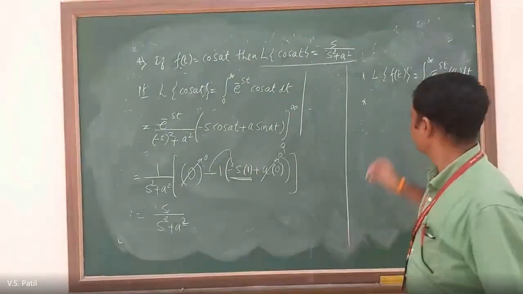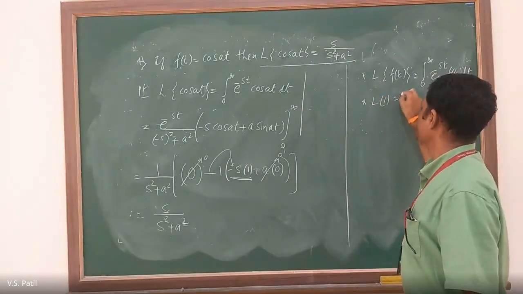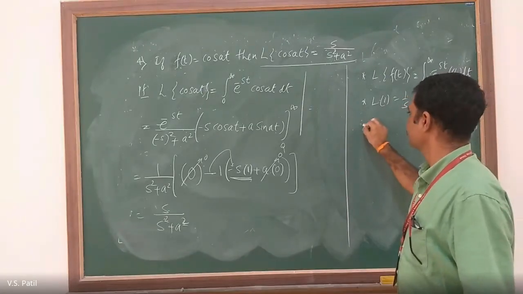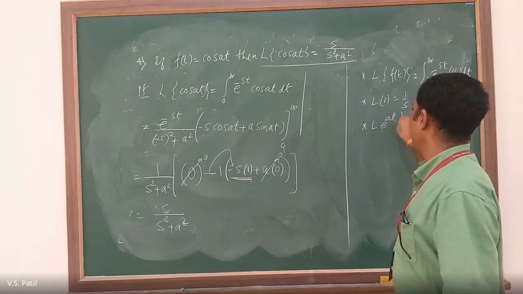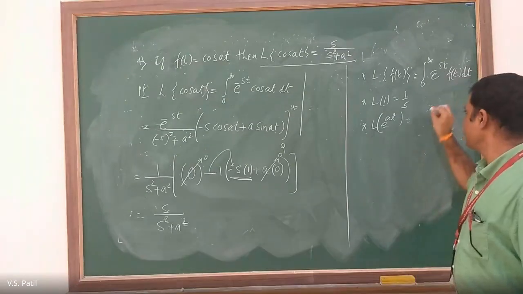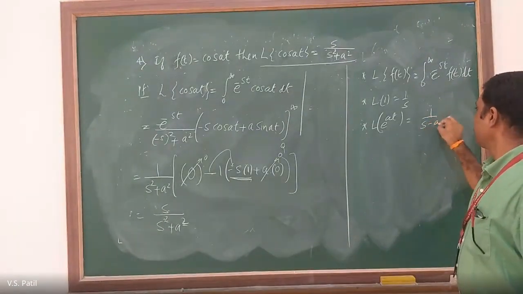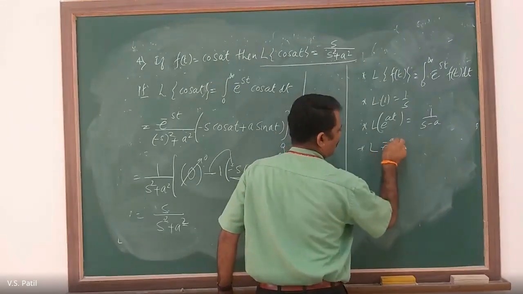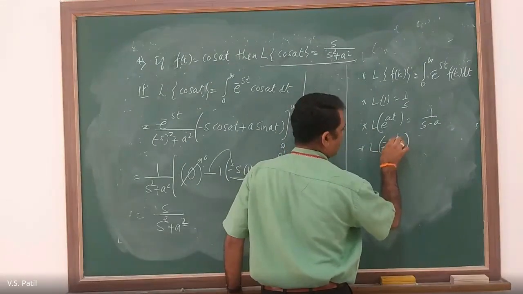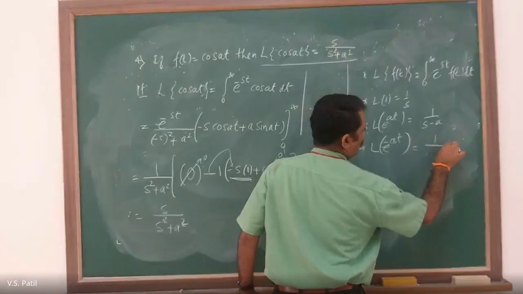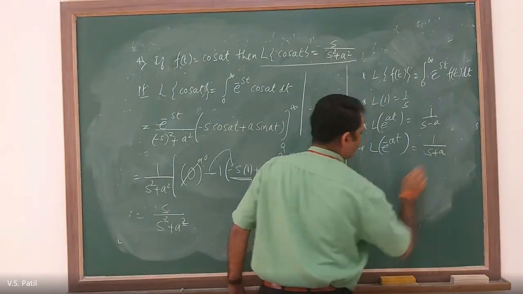Properties: Laplace transform of 1 is 1 by s. Second one, Laplace transform of t to the power n. And one more thing, Laplace transform of e to the power minus at is 1 divided by s plus a.